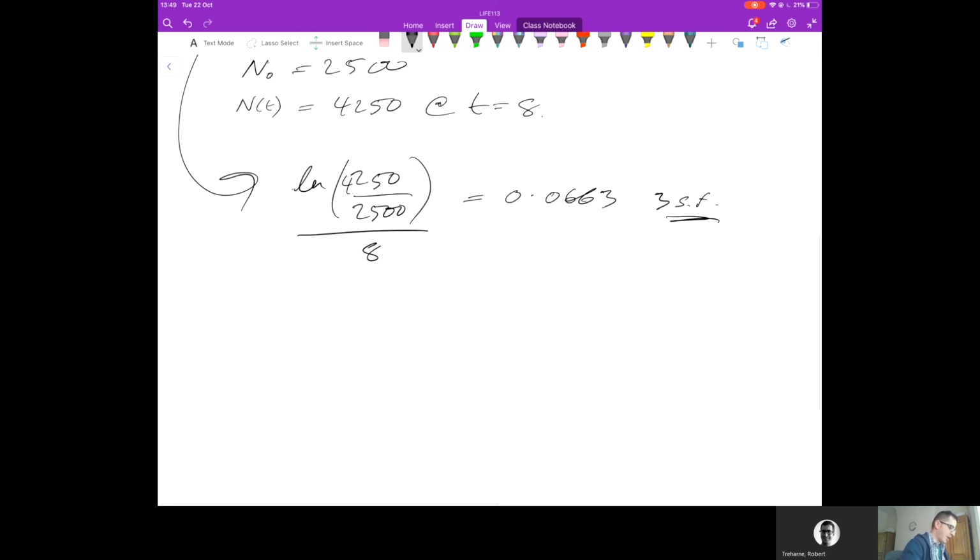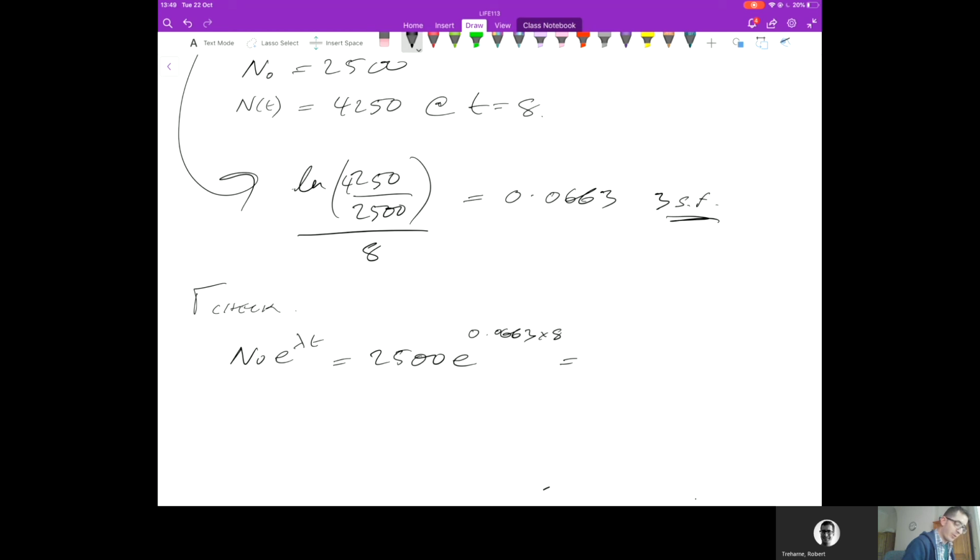So I've calculated lambda. What you should do is check that value. Let's do a quick check. If you want to check your lambda value, plug it back into the equation. If it's correct, N0 e to the lambda t is equal to 2,500 e to the 0.0663 times 8.